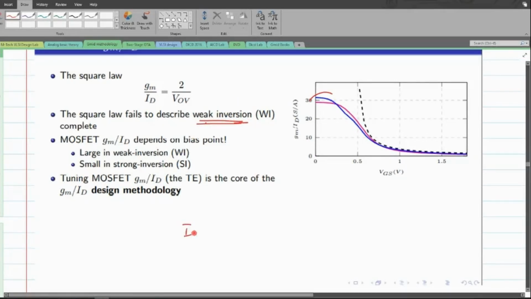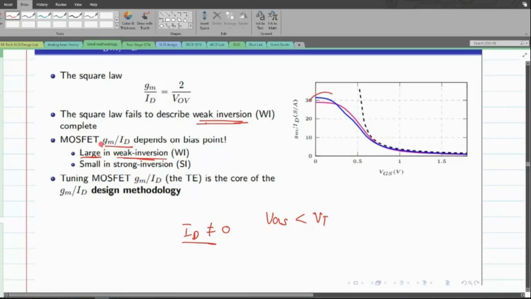I have a non-zero current component for the value of VGS that is less than VT, and that is supposed to be some sort of inversion region. We call that inversion region a weak inversion region along the channel. And whenever the value of this gm over ID is large, then we say that the current is exponentially related, or in other words, that I'm in the weak inversion region.